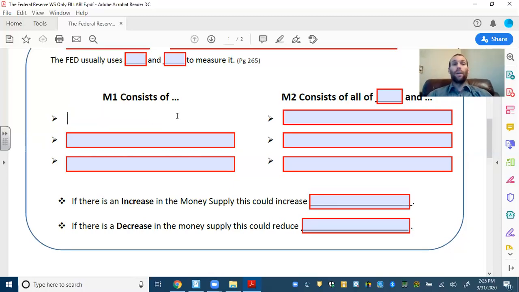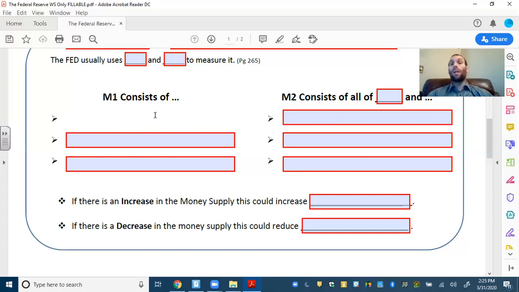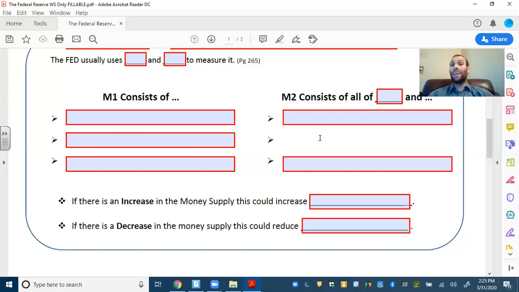For example, if you put $100 that was in physical currency and you put it into a money market account, what would happen to M1? Well, M1 would go down $100. However, M2 would stay the same. That's because M1 went down, since physical currency is in M1.